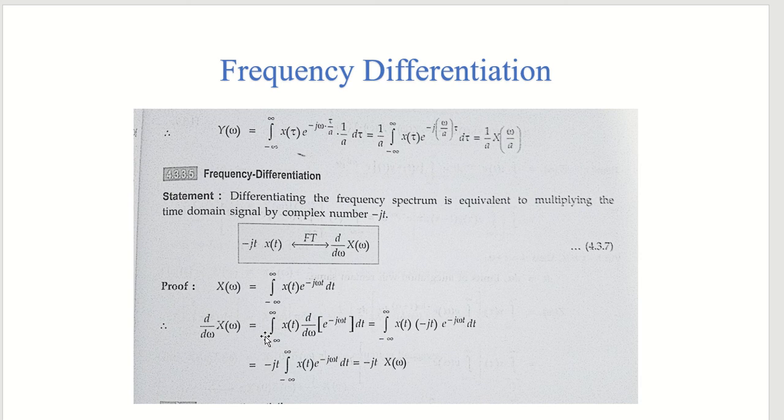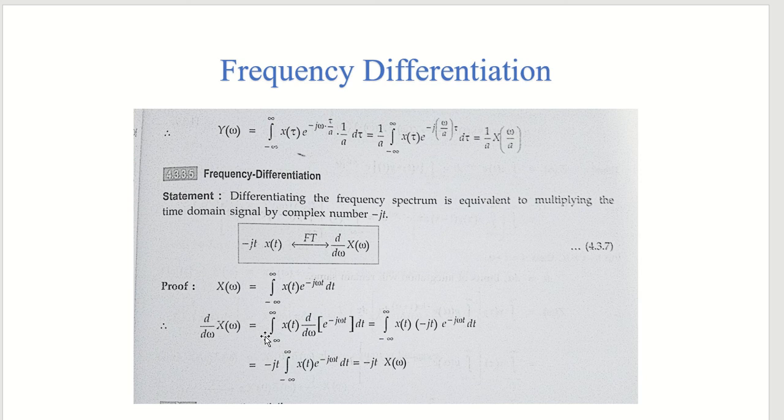What is the differentiation of e raised to minus j omega t? It will be minus jt into e raised to minus j omega t. So the whole term will be the integral from minus infinity to infinity of x of t times minus jt e raised to minus j omega t dt.